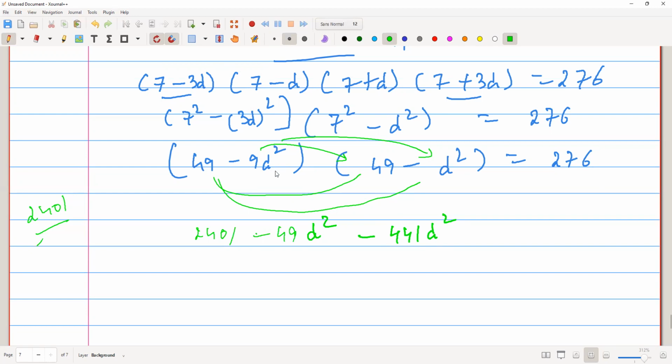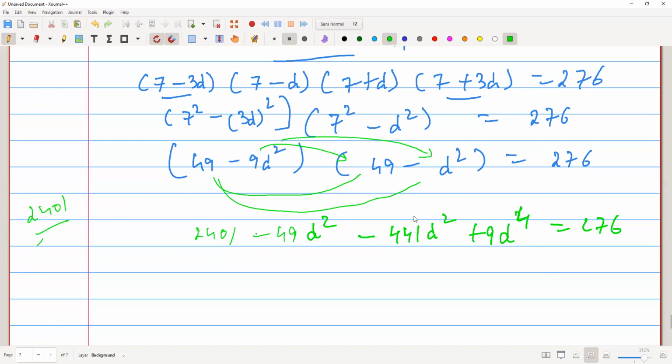Then minus into minus plus, d power 4, 9 d power 4, equal to 276.